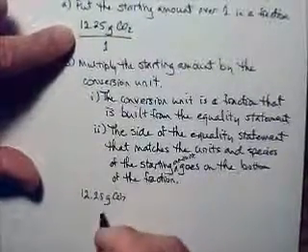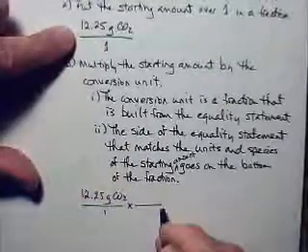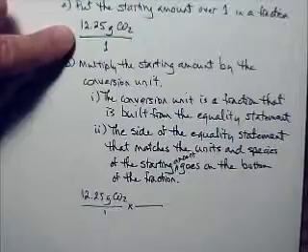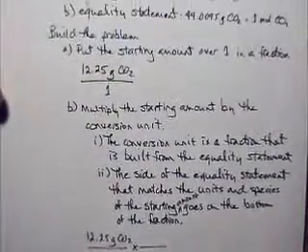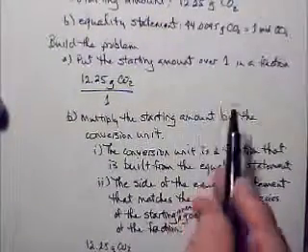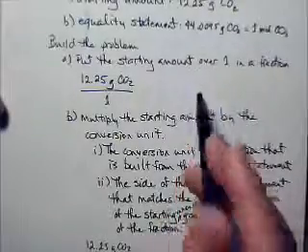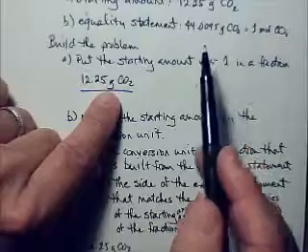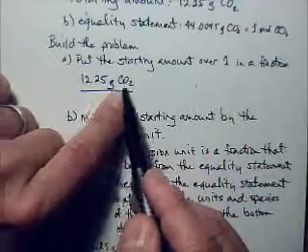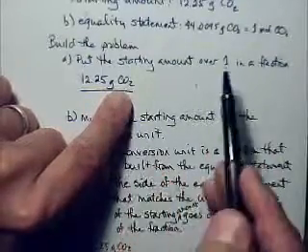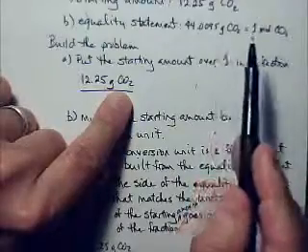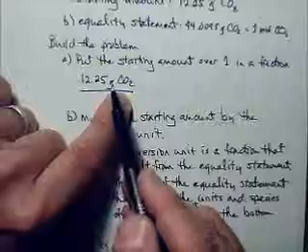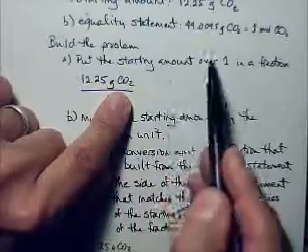12.25 grams of CO2 over 1. And this is where we're going to build the conversion unit. So let me slide up a little bit here and let's find our equality statement. There's our equality statement right there. We want to look at our starting amount, and we have units of grams and a species of CO2. We want to find which side of this equality statement, the right side or the left side, matches the units and species of the starting amount.